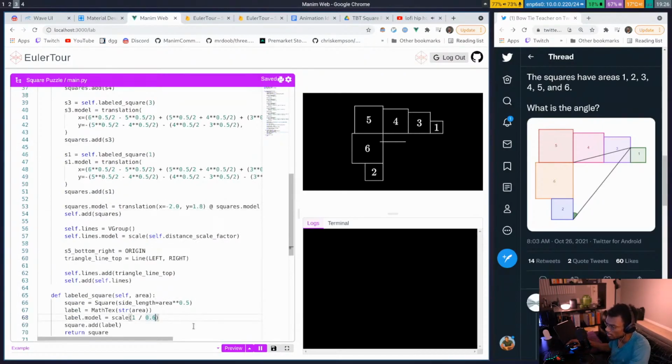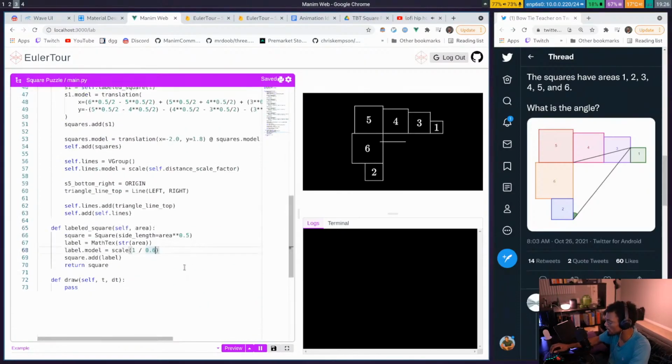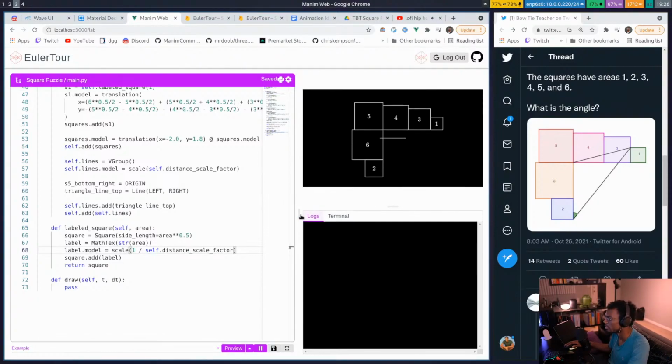Although I think this is, oh, because this isn't even using self.scale factor. This should be 1 over this. Even though that's still too small. Maybe that's fine, actually. Like, this window itself is kind of small.